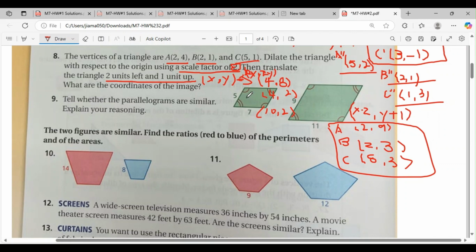Based on the graphics, this angle equals this one, and this angle equals this one.